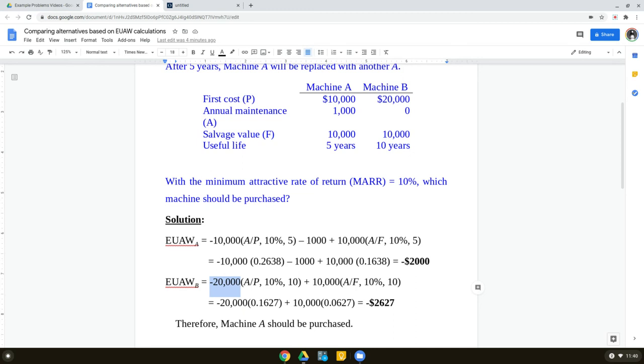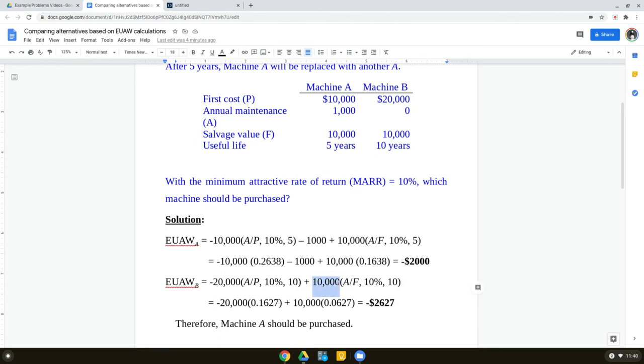So we multiply it by the A given P factor, just like we did here, at the same interest rate, 10%. And the years, instead of 5 years, is 10 years because the useful life is 10 years.